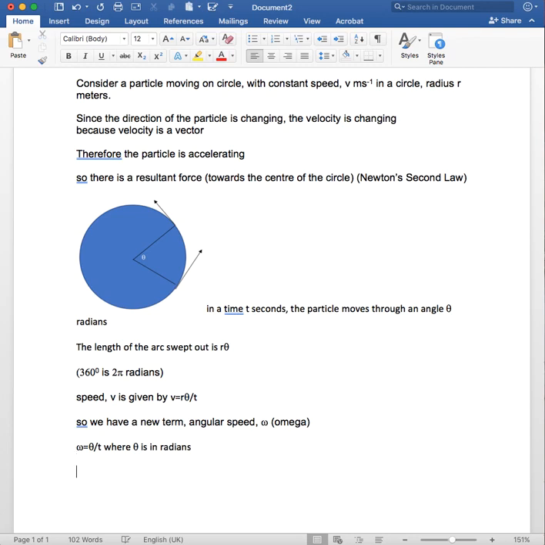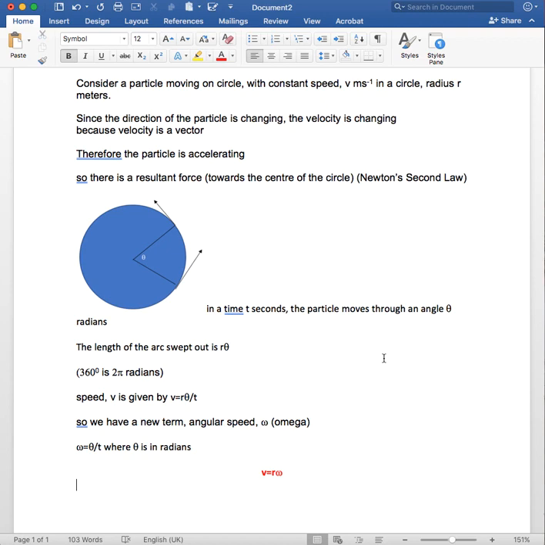So that leads you then to, if you look at omega is theta over t, and v is r theta over t, then v equals r omega. So your first gotta know equation, I say gotta know, of course it's on your data sheet, but I really think you ought to know it, is that.